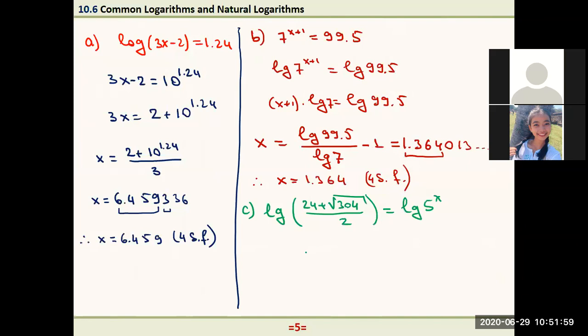This x comes to the front, then we get the first solution x1. That is equal to common logarithm of 24 plus square root of 304 over 2, divided by common logarithm of 5.